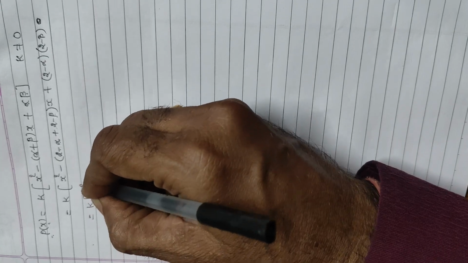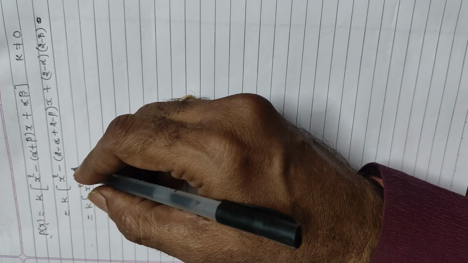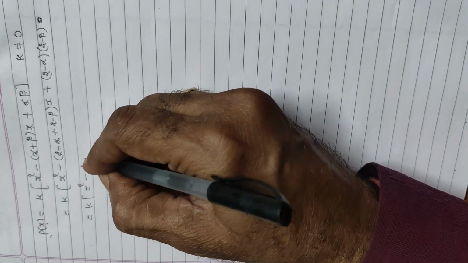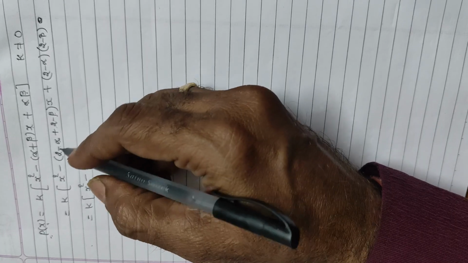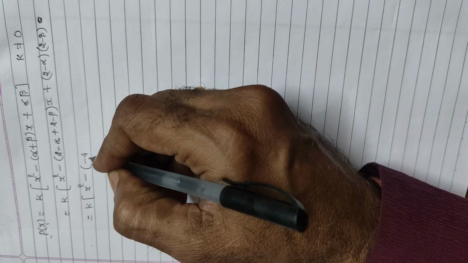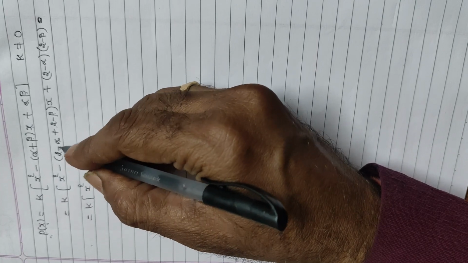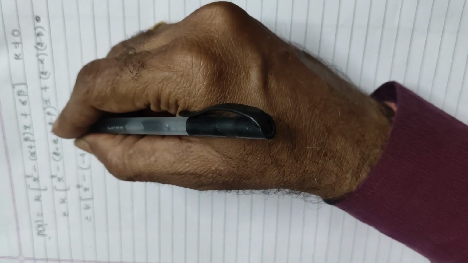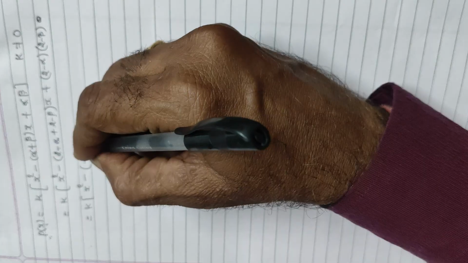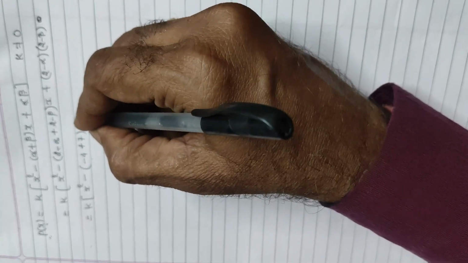k x square minus... The value of 2 minus alpha is minus 4, which I have calculated earlier, and the value of 2 minus beta is 7. X is as it is.